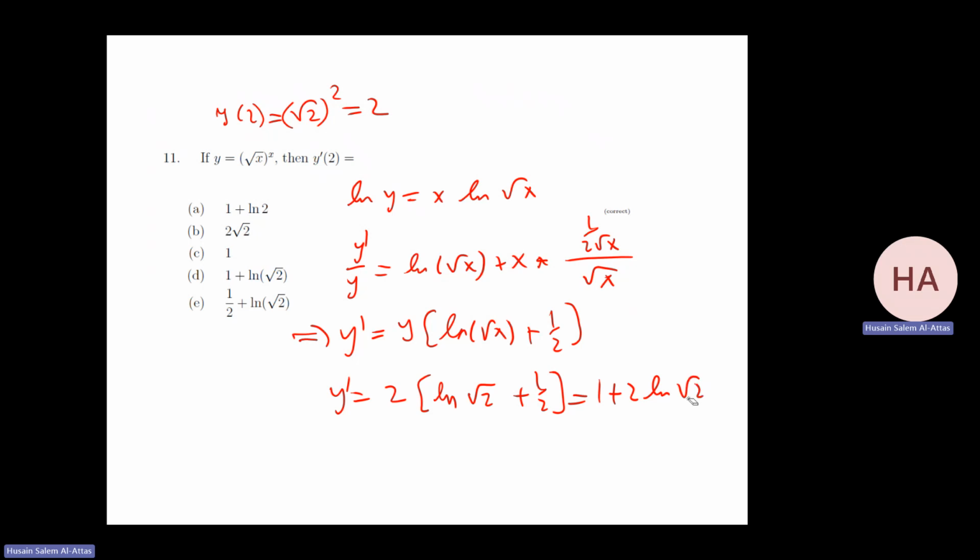Root 2, I can write as 2 to the power half. So that will be 1 plus half times 2, which is 1 plus ln 2. And that will be the answer. This is y prime at 1, sorry, at 2, not 1. Yeah, substitute x equal to 2.